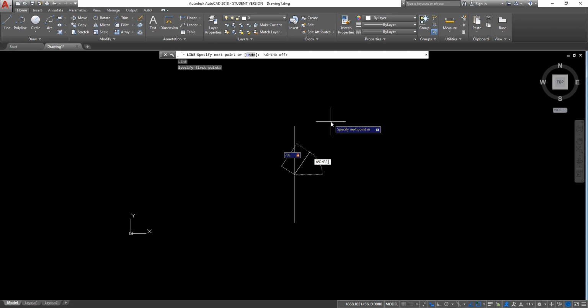For seconds, I'm going to write 14. And the second symbol is not the apostrophe twice, it is the quotation mark. The quotation mark is in the same key as the apostrophe, but pressing the shift key first.